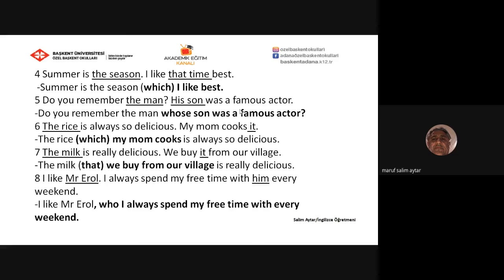Whose son was a famous actor defines the man. Therefore, it is necessary. The rice my mom cooks is always so delicious. It gives necessary information about it. The milk we buy from our village, it gives necessary information.